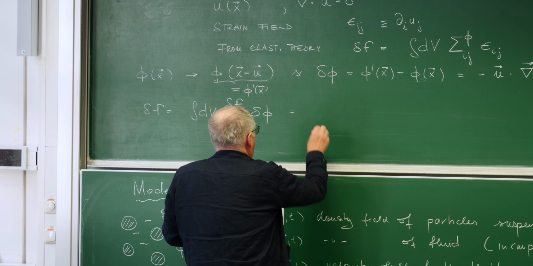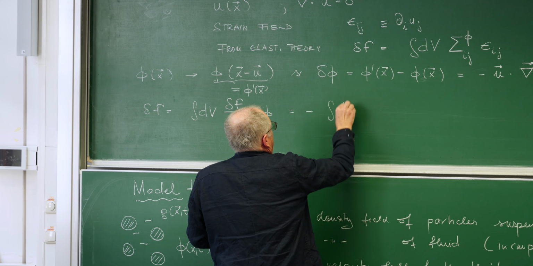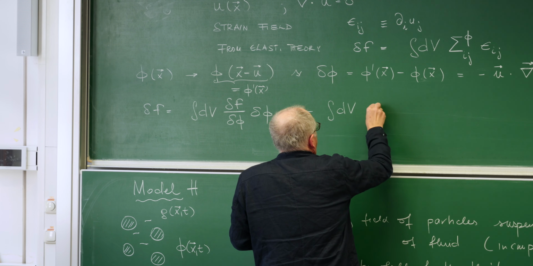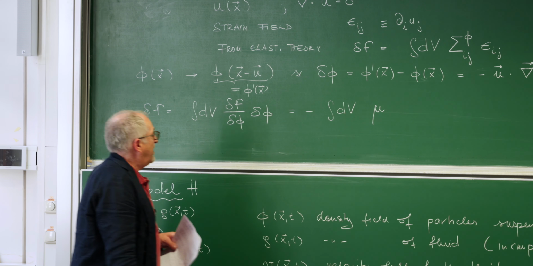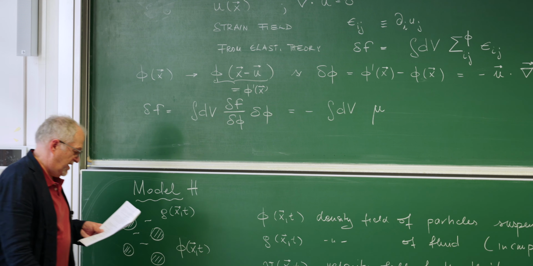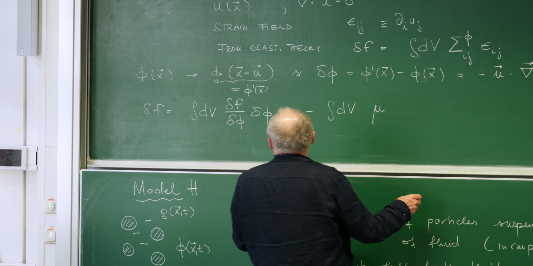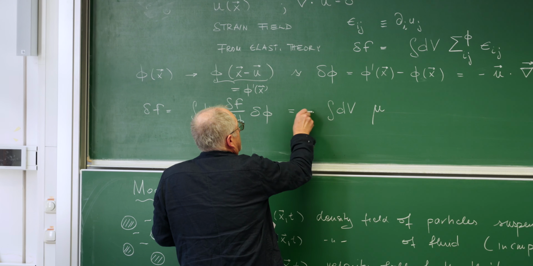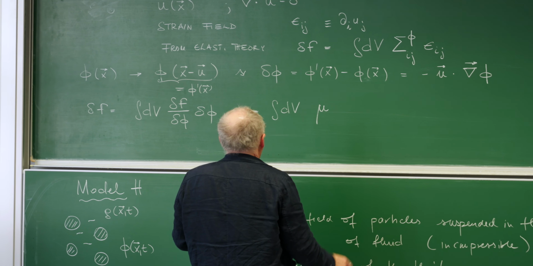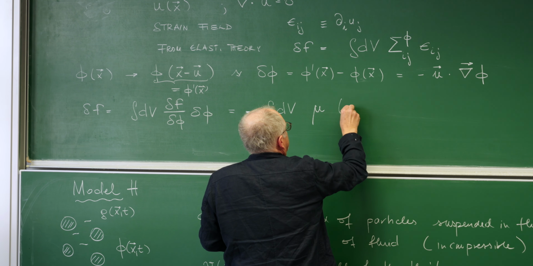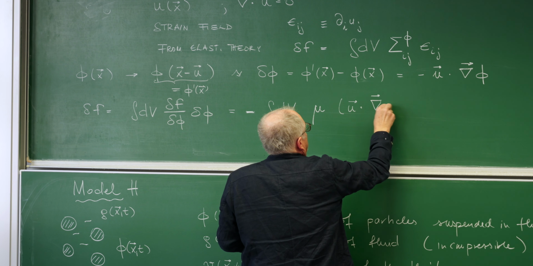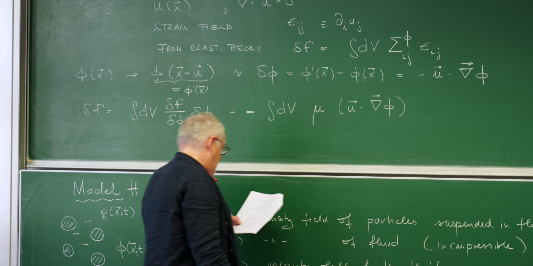This is the same as minus the integral over the volume, df over d phi, which is the chemical potential, mu, and we know what this displacement delta phi is. We just calculated this. This is u dotted into the gradient of phi.